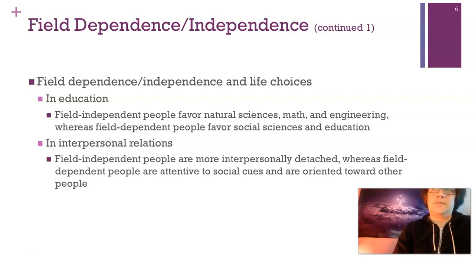They tend to be less interested in social situations and less likely to seek out opportunities for social interaction, whereas field dependent people tend to be more attentive to social cues and are oriented towards other people. So they tend to be more social, and they also tend to seek out opportunities where social interaction would be more likely to occur.